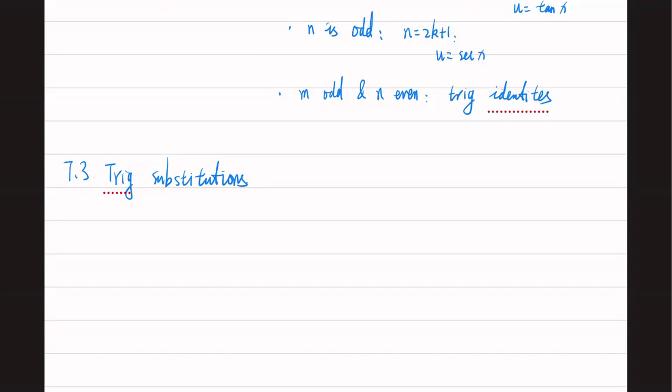The main motivation for this is to get rid of the square root. For example, if you have something like this, to get rid of the square root, we use a substitution.